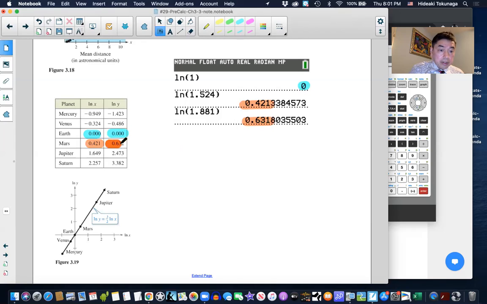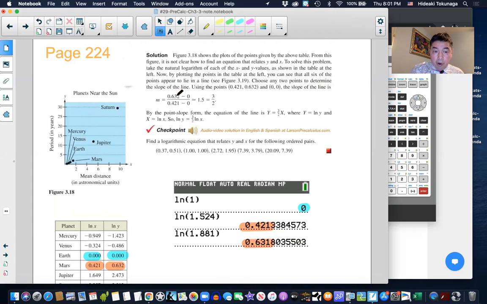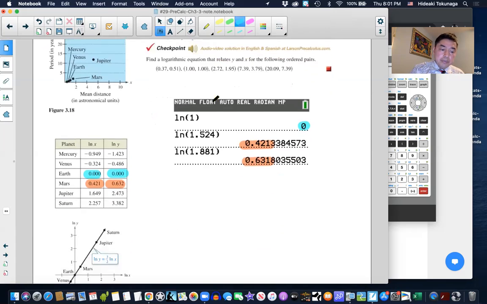If you plug everything in to natural log, this becomes a straight line. Now they're asking for the linear information. They use Mars and Earth as the example, and it came up around 1.5, which is 3 over 2.